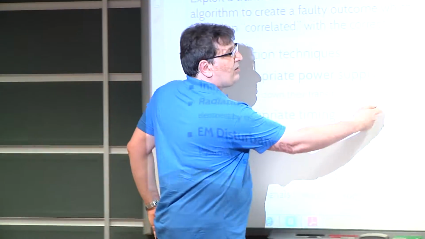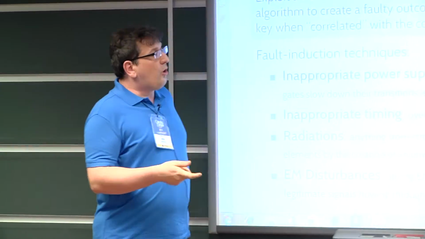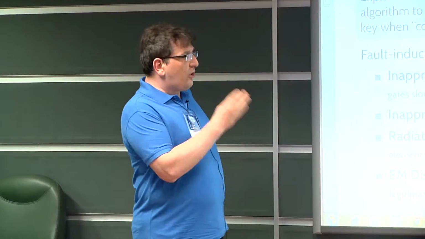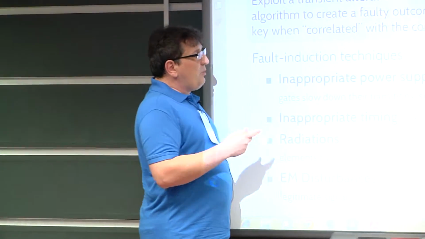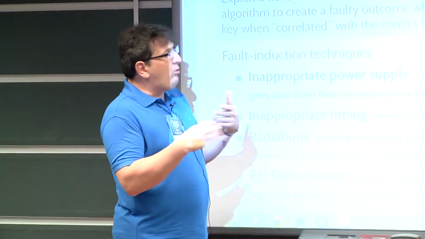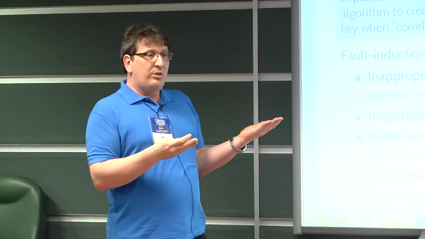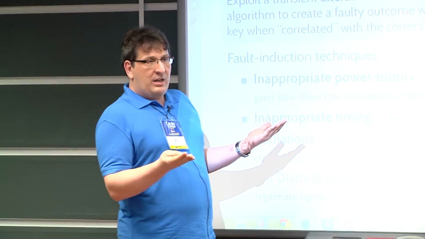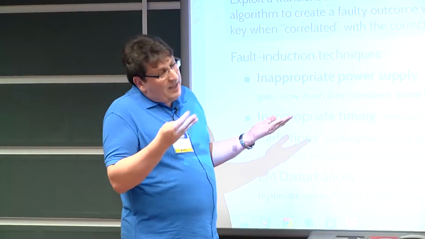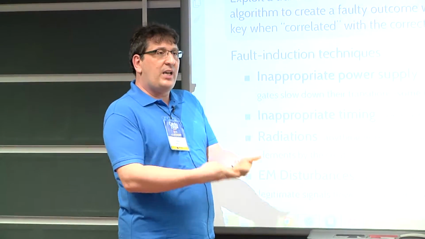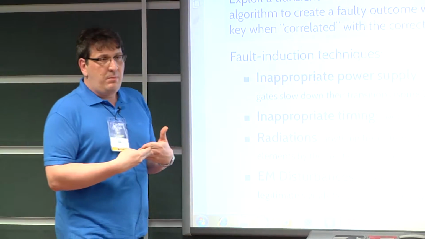So you can overclock the circuit to cause other setup time violations in a controlled manner. So if you are able to induce this kind of errors, you can look at the erroneous output and also at the correct one, and you can correlate these two pieces of information to derive the secret key.